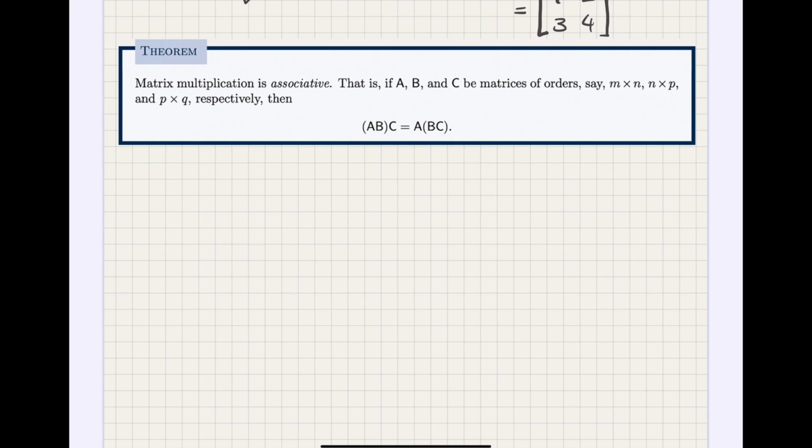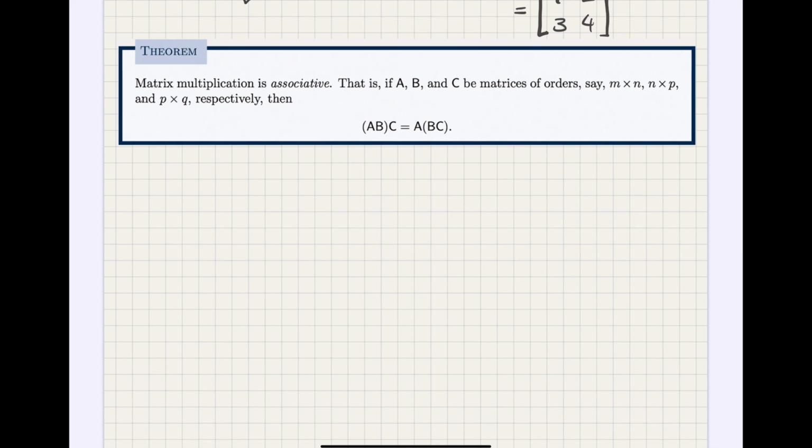Okay, so first of all, I want to show that this matrix is equal to this matrix. I have two responsibilities for that. I need to show that the order of the matrix on the left and the order of the matrix on the right are the same. And then after I am relieved from that point of view, I need to show that every entry called ijth entry of the matrix on the left is equal to the ijth entry of the matrix on the right. If I can show that, then I am done.